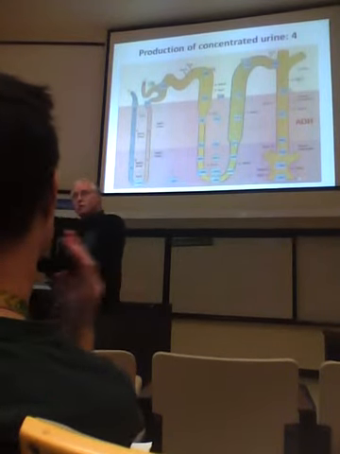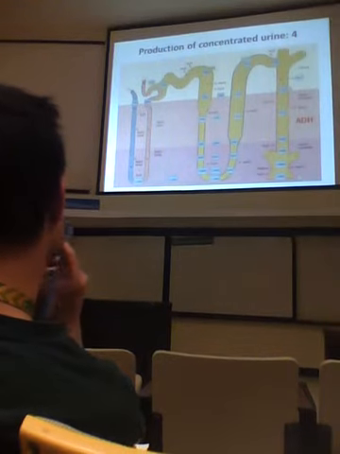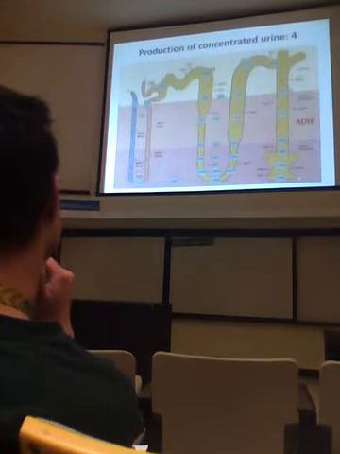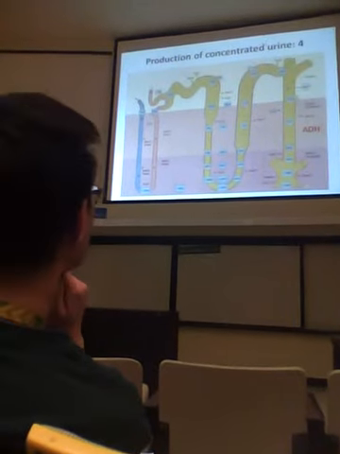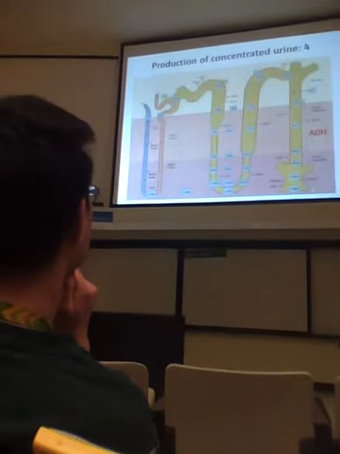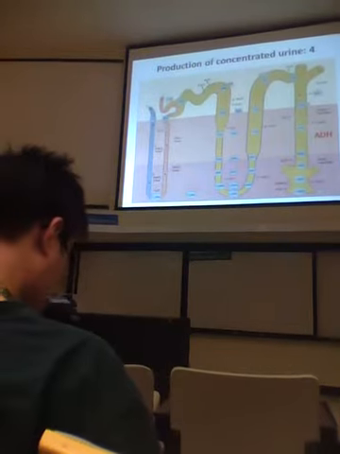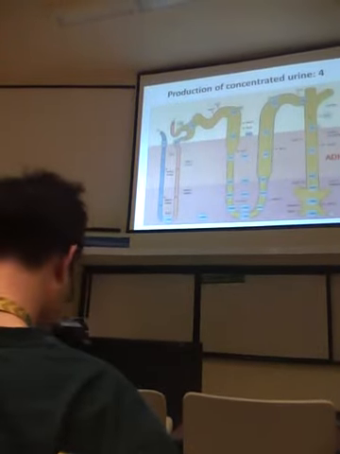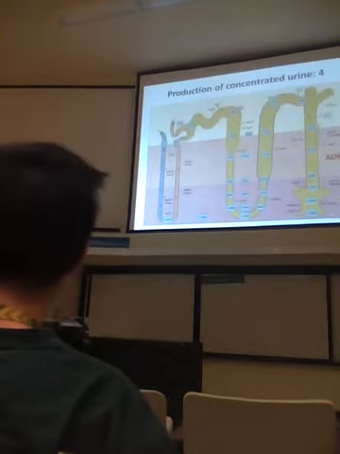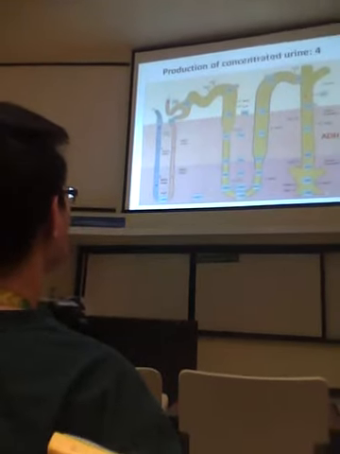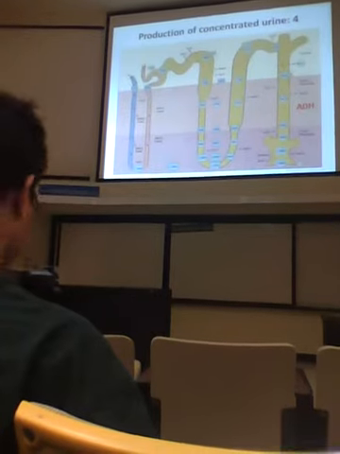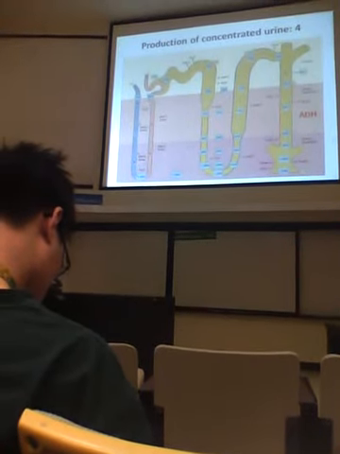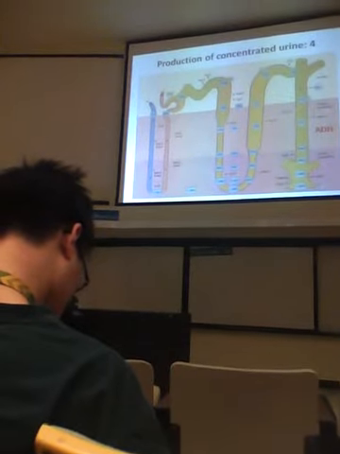It's going to come out. If these channels are open here, as the fluid comes down, water is going to come out osmotically in response to this high gradient. And if there are lots of water channels here, aquaporins, your pee is going to come out at the same concentration as the gradient.